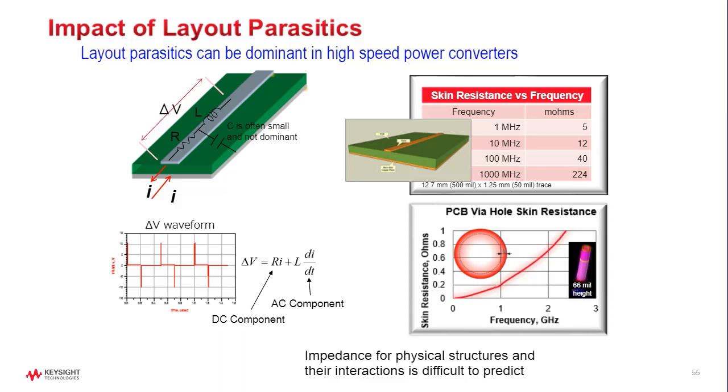This is just giving you some rules of thumb and some basic information regarding a trace, its skin effect resistance, and also a little bit of data on a PCB via hole, a through hole via. People forget vias have inductance, and they also suffer from skin effect.